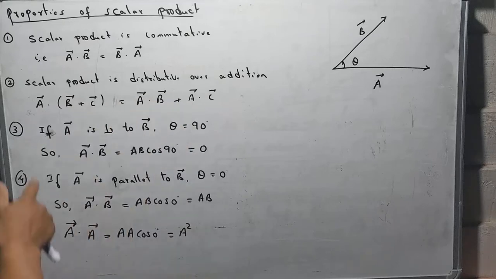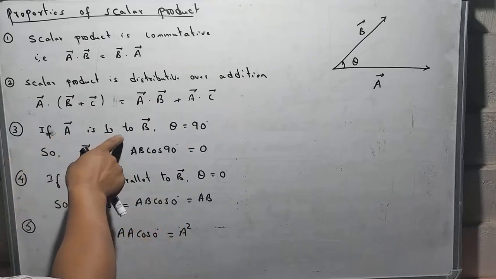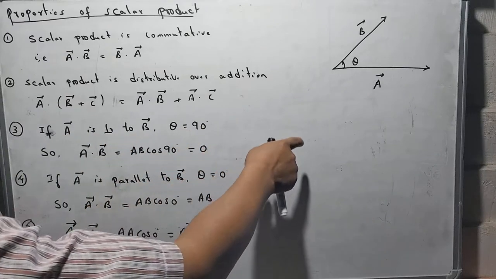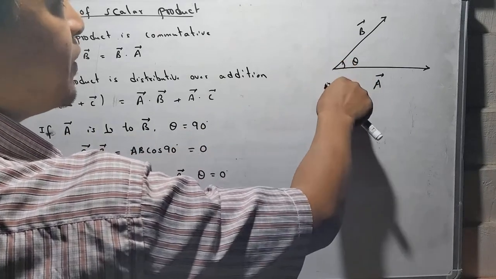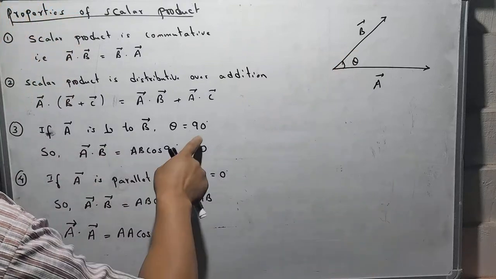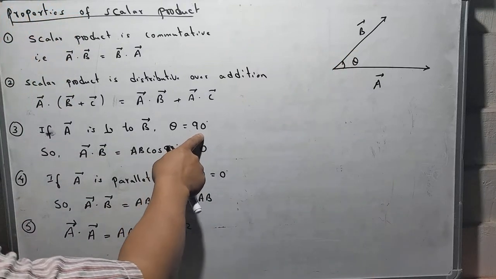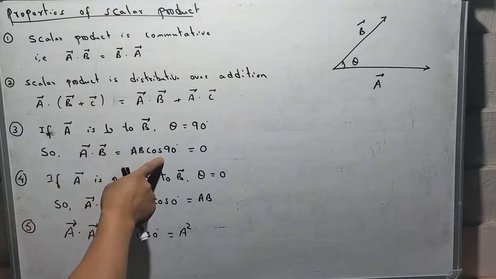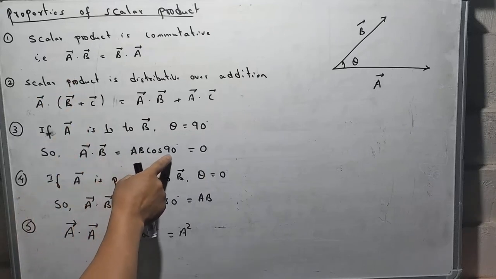Okay. Property 3: if two vectors A arrow and B arrow are perpendicular to each other, then the angle theta is 90 degrees. So when theta is 90 degrees, A dot B, which is AB cos theta, means AB cos 90.